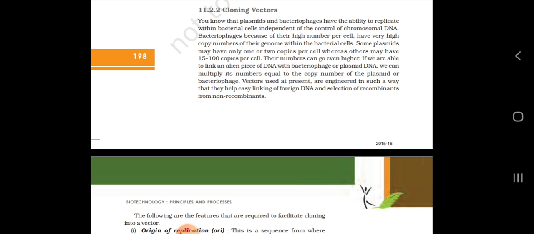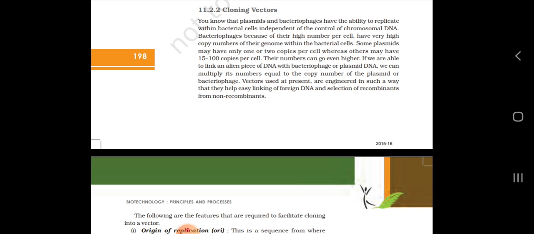They are circular in nature. Usually DNA is linear, but this plasmid is circular and double stranded as well. It is also extra chromosomal because it is not found in the chromosomes, it is found in the cytoplasm of the bacterial cells.